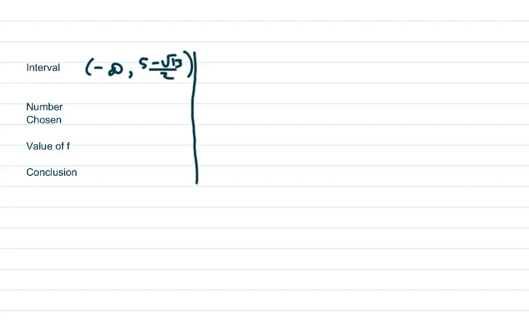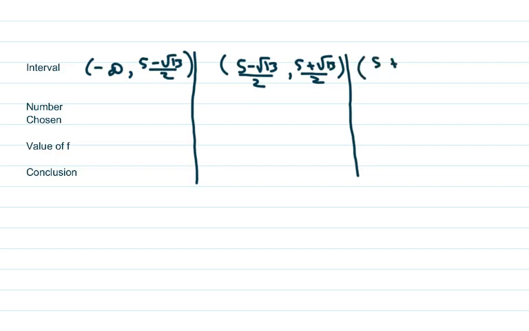The next one is 5 minus square root of 13 over 2, comma 5 plus square root of 13 over 2. The next one is 5 plus square root of 13 over 2, comma 5. And my last interval is 5, comma infinity.